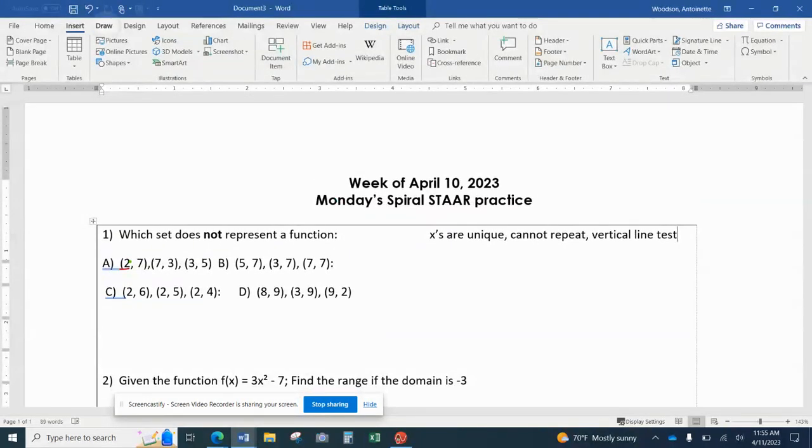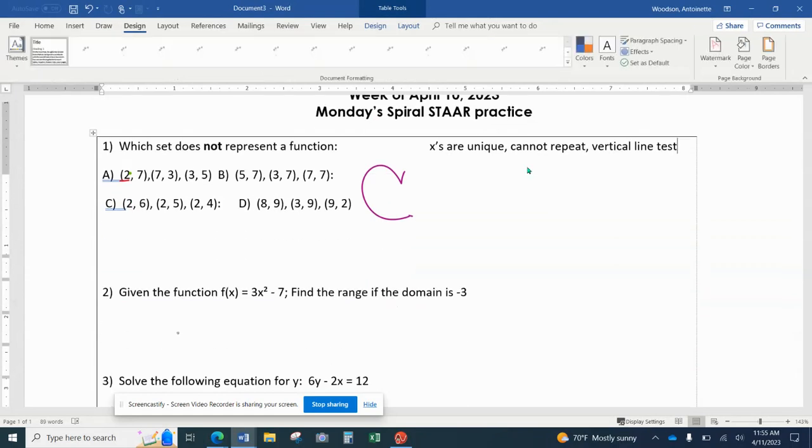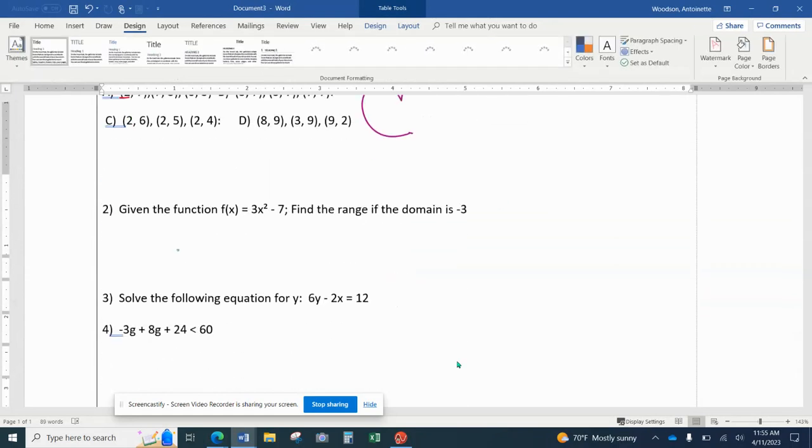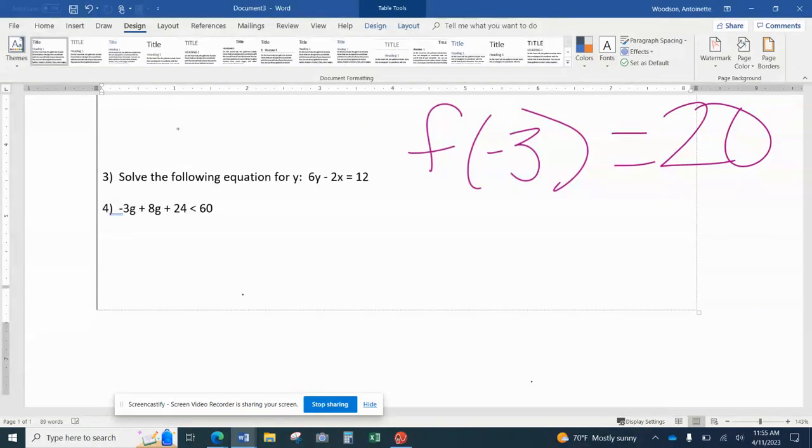All right. So our answer for number 1 was C. What did you get for number 2? What did we get for number 2? 20. Okay. What did we get for number 3?